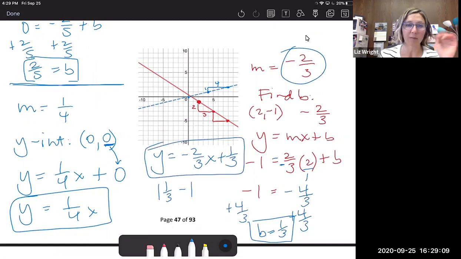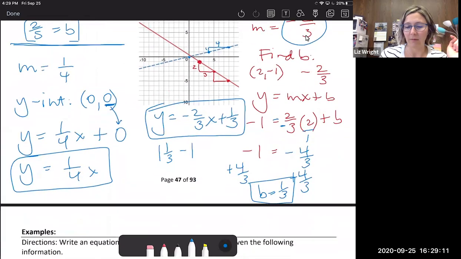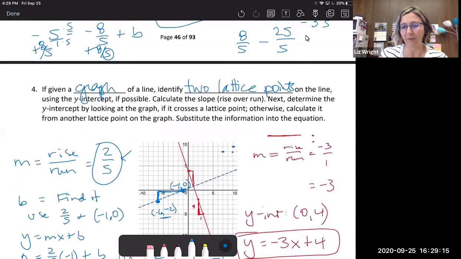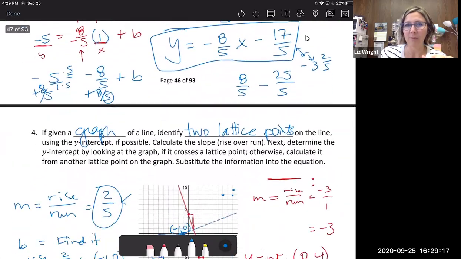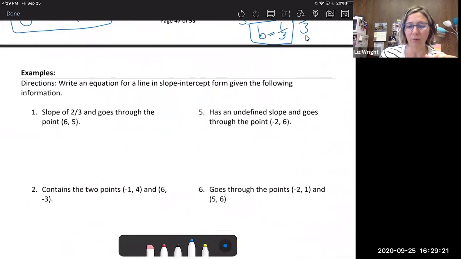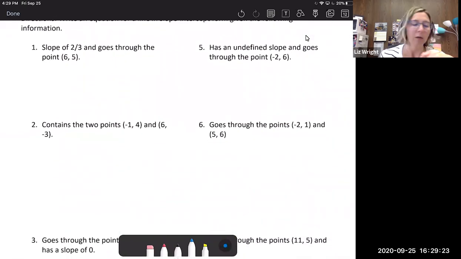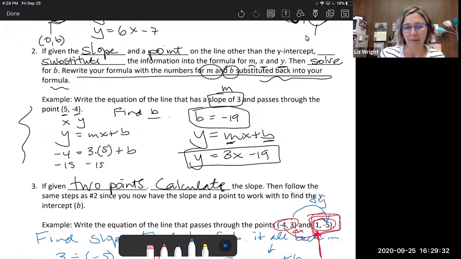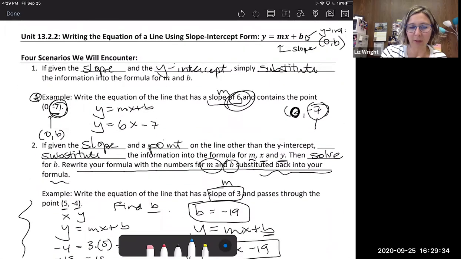All right, so we've got some more examples on the following pages. These are your notes up here for how to do these types of problems. And now we're going to actually try to do those types of problems. On this page, you are going to want to figure out which scenario we were given. So here are our 4 scenarios.